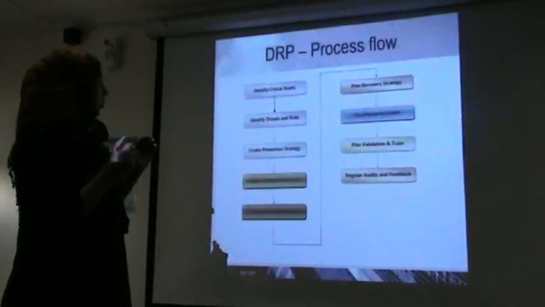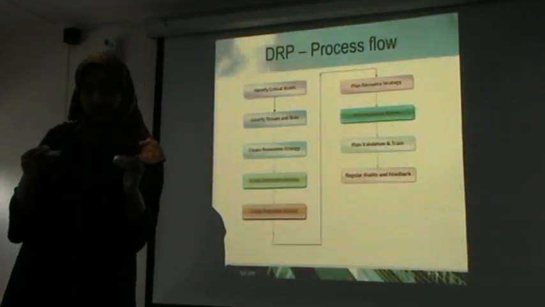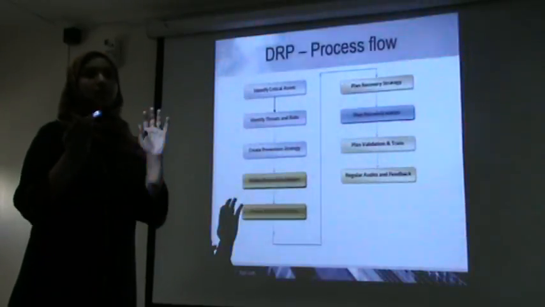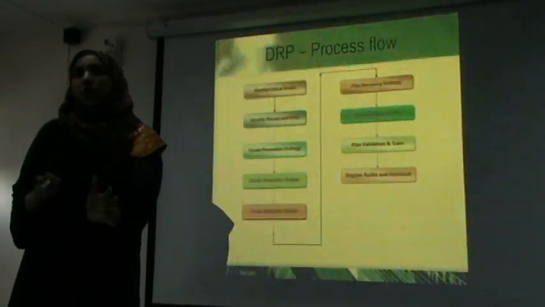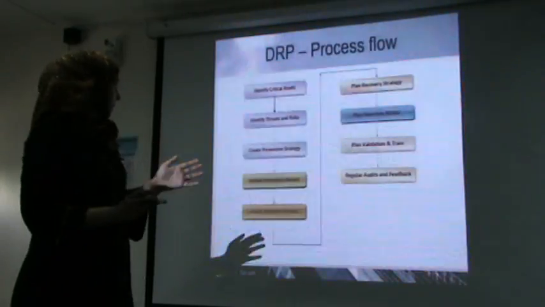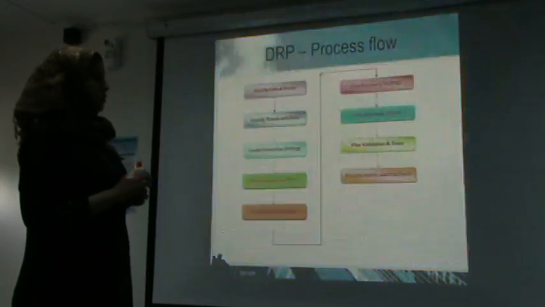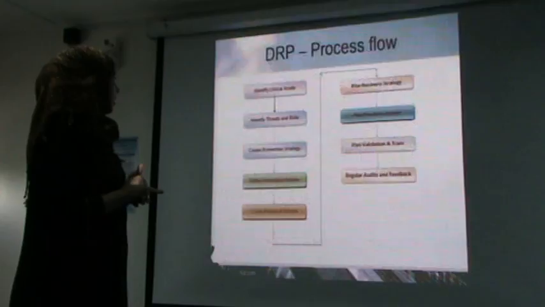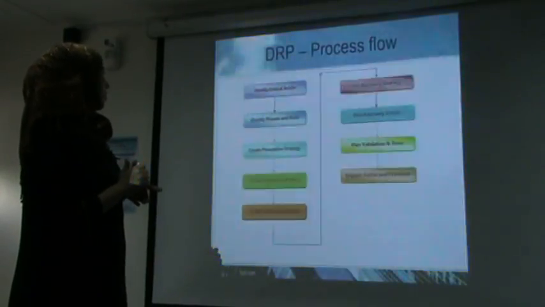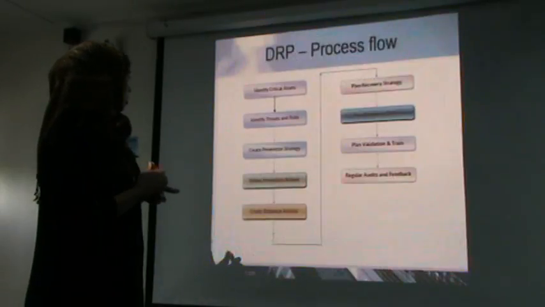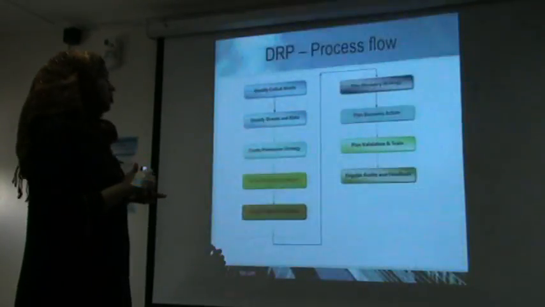When we identify those critical assets, we see what are the things that are going to pose a risk or a threat to these assets. Identifying the threats and risks is the second procedure. Then the next thing is creating the prevention strategy.